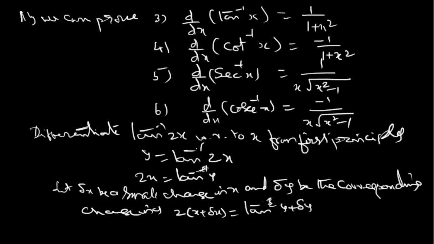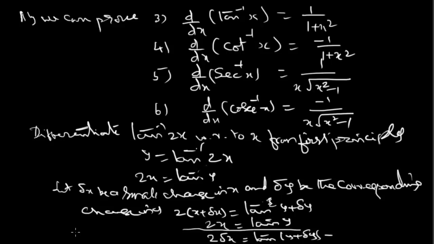Here also inverse is not there. Below that you write 2x is equal to tan y. Then we subtract, 2x and 2x cancel, 2 delta x is equal to tan of y plus delta y minus tan y.